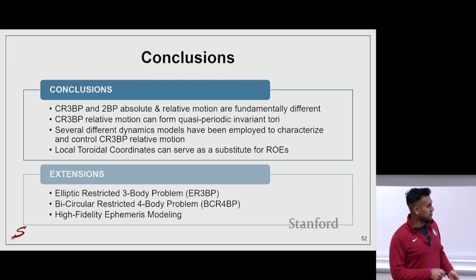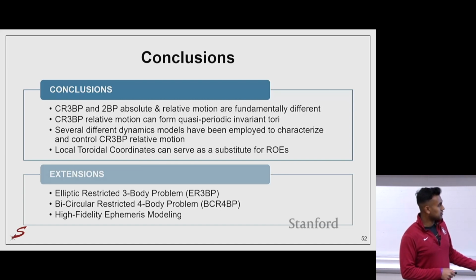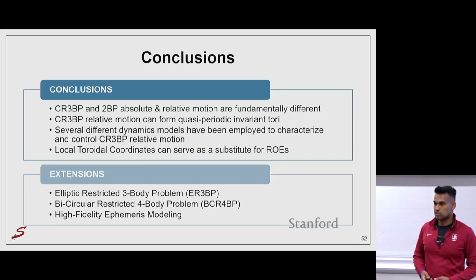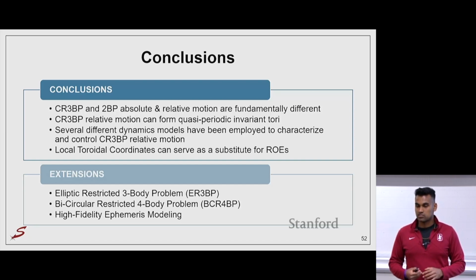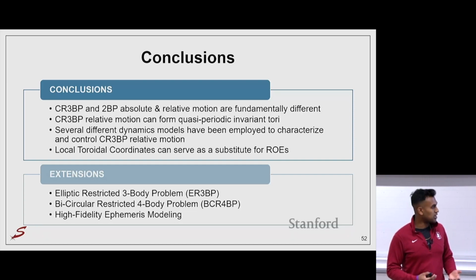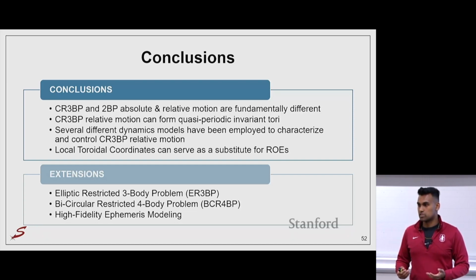And of course, at the very top of the list, we have high fidelity ephemeris modeling, where you're really using the actual positions of the Sun, Earth, Moon, whichever, and all the other perturbations like oblateness and solar radiation pressure that are necessary to really get the most high fidelity modeling possible that you would need for a real mission.